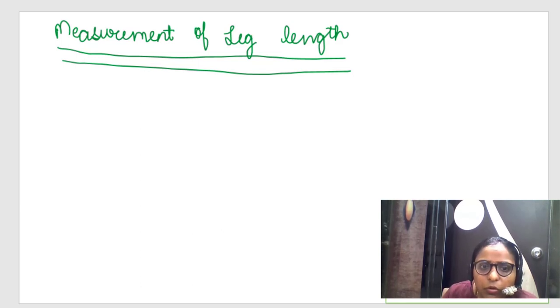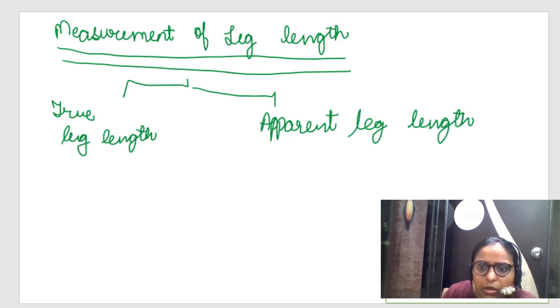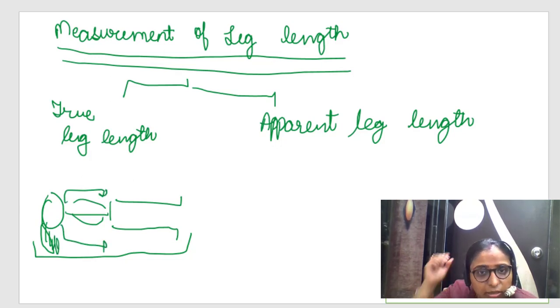In this there are two types, right? Either you check the true leg length, or you check the apparent leg length. In true leg length, for example, this is a patient, and the therapist is assessing the leg length.